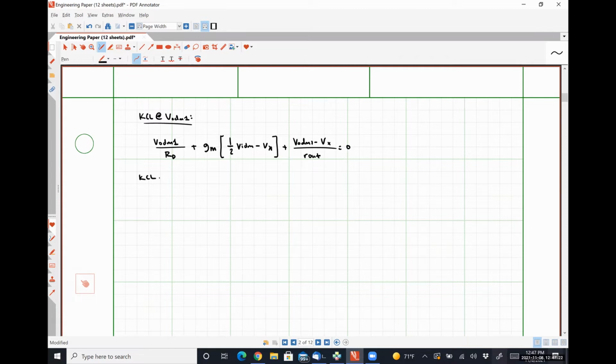And if I do KCL at my other output node, I get effectively the exact same equation, except all my VODM1s become VODM2. And I have to remember to change my sign on my input differential mode voltage.